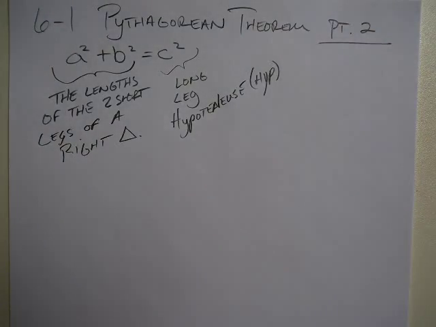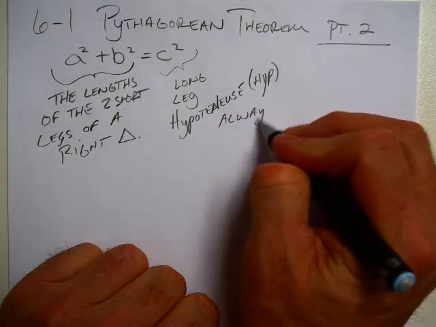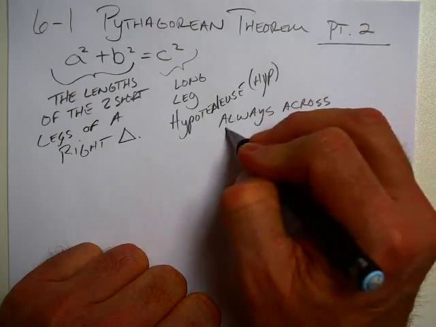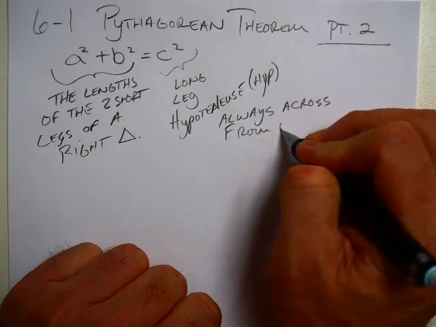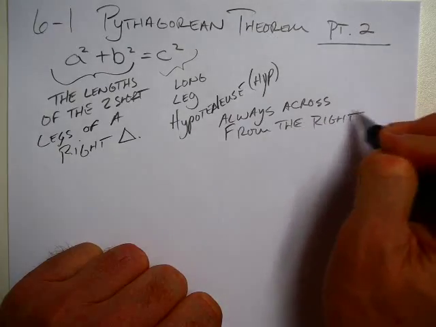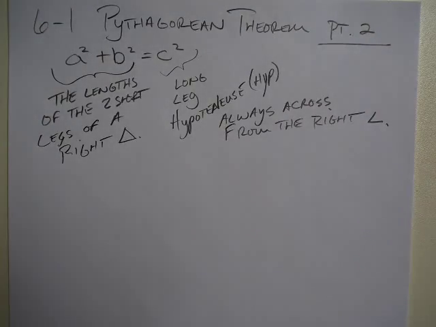And the hypotenuse is special. It's always across from the right angle.